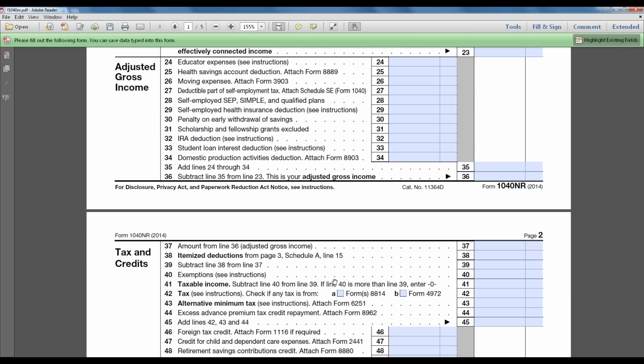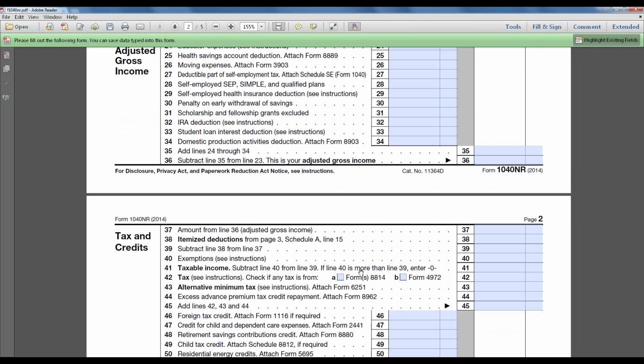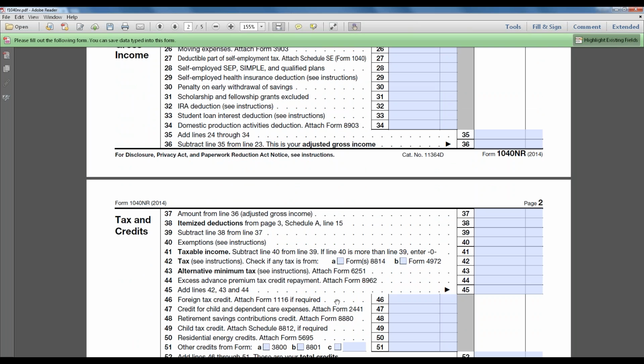Itemized deductions, same thing. These are related to the effectively connected income. Foreign tax credit: if the person's paying tax, let's say in Mexico, on this income, he gets a foreign tax credit here.